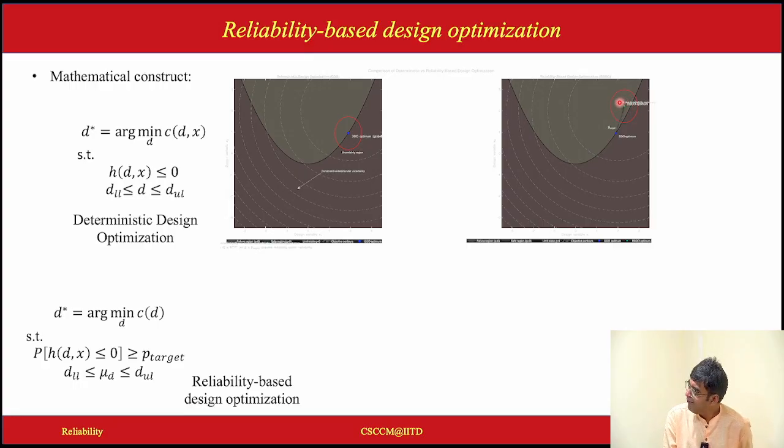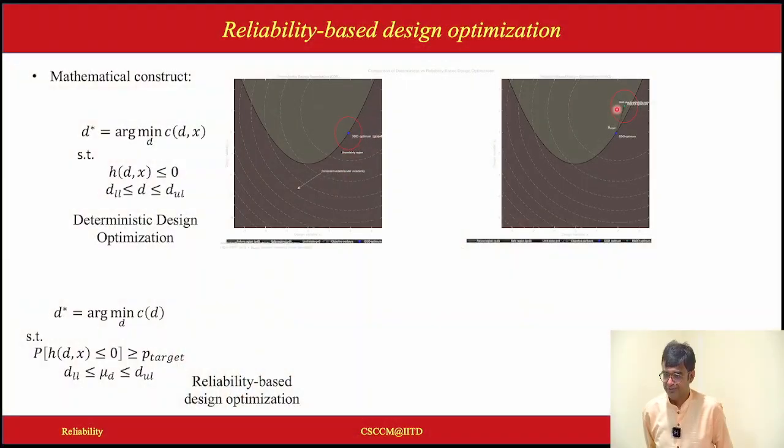You see, it is now away from this boundary, which means the probability of failure, of violating that, has now reduced. And the higher the threshold you take, I mean, the smaller the probability you take, the more it will move away from the boundary. Instead of coming at this point, it will now move to some other point, which will not be on the boundary, and that will basically govern your probability of failure.